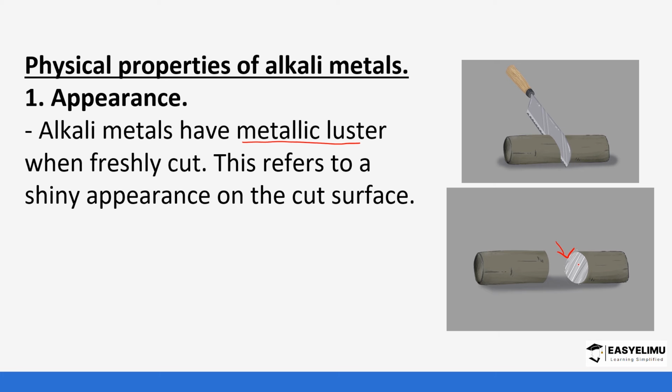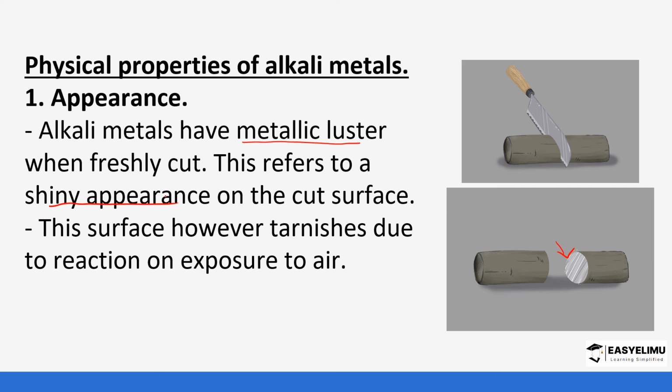When you cut a piece of an alkali metal, you see a shiny appearance on top of the metal. This surface, however, tarnishes after some time. This is because it reacts with oxygen in the air and forms a coat. That's the reason why it does so when it is exposed to the air.